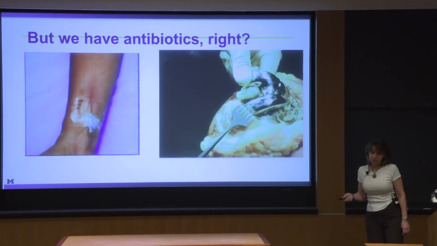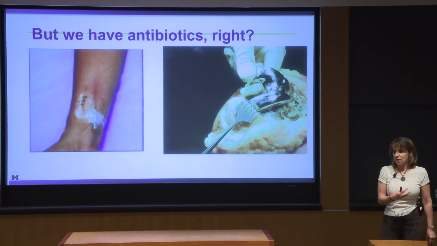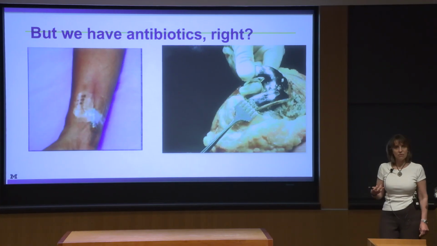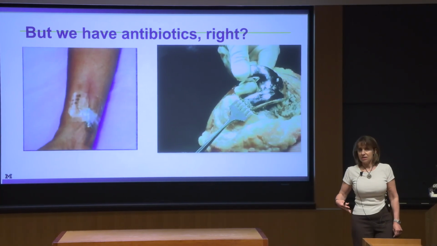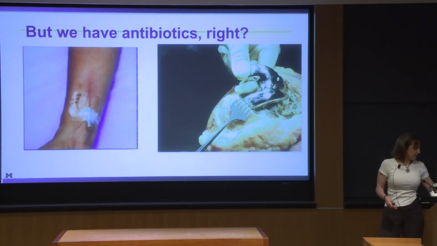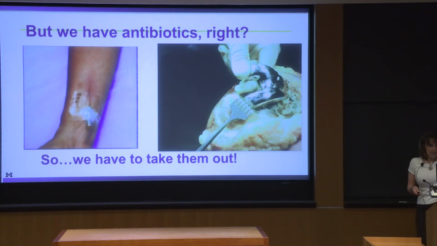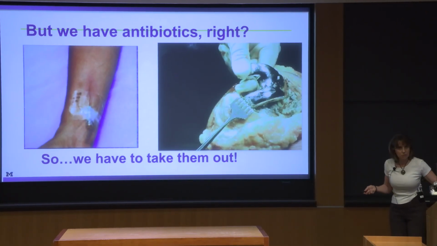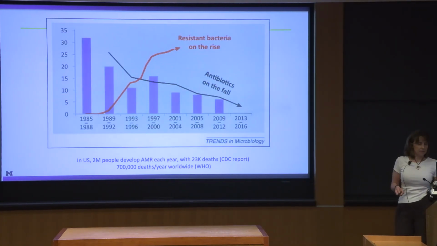But if, for example, the heart valve that I showed you before becomes infected, that means open heart surgery. So you need to remove it. If your hip gets infected and antibiotics are not functioning, you need to remove it. So infection is becoming a very, very important point here. And in some cases, when the antibiotic does not respond, you have to take them out. So it's a big deal.